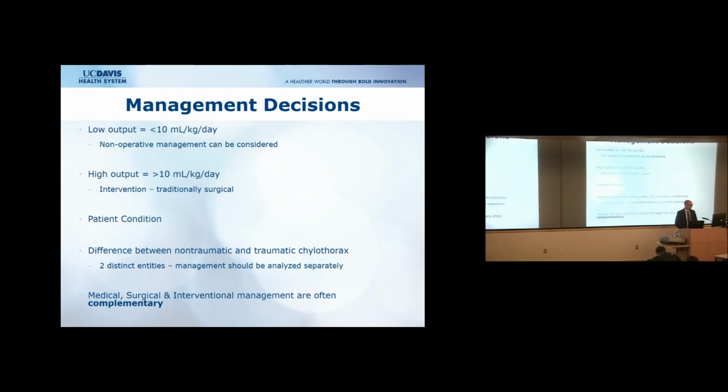And then the final point before we move on is that medical, surgical, and then interventional management, which we'll talk about, often need to be performed in a complementary fashion. So it's not really in an exclusive manner, but more how can we use all three of these types of management intervention strategies to our advantage.